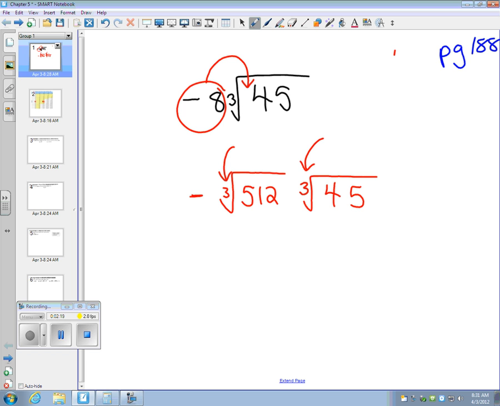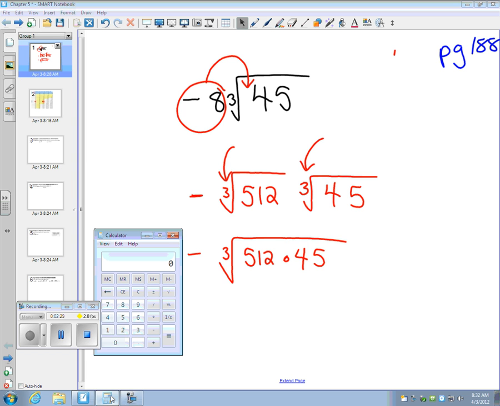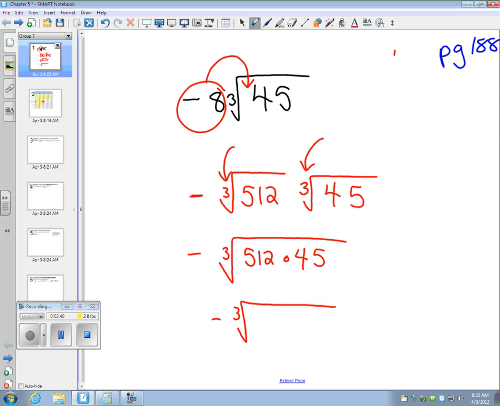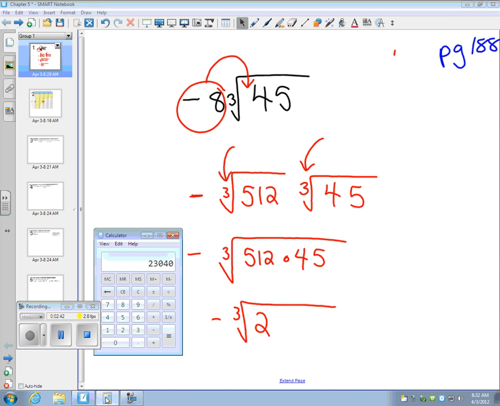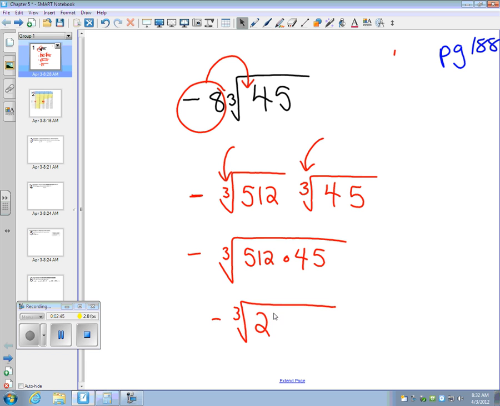So we can say this is equal to negative the cube root of 512 times 45. And so we'd get out our calculator, 512 times 45, and we would get negative the cube root of 23,040. Okay, so now we just converted this mixed radical right here into an entire radical.